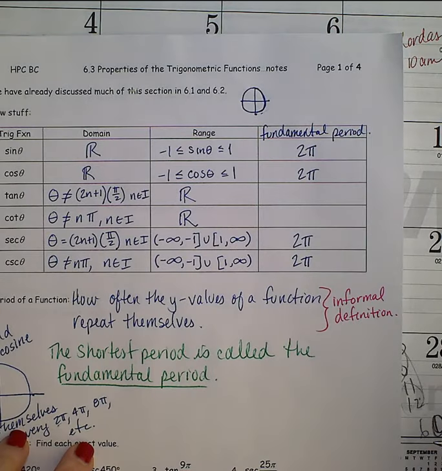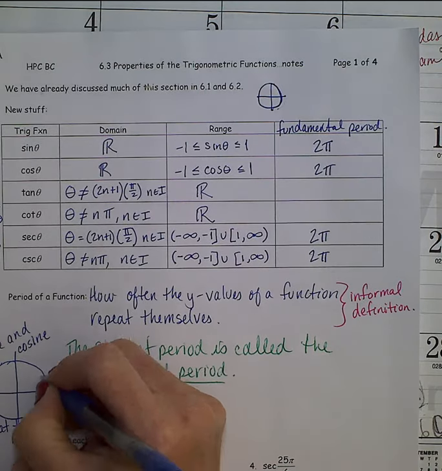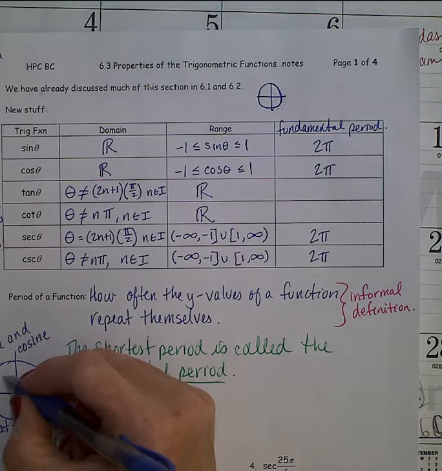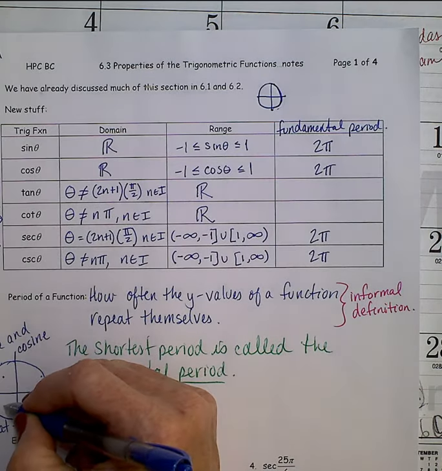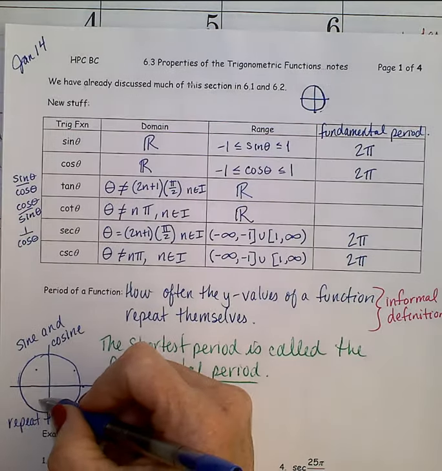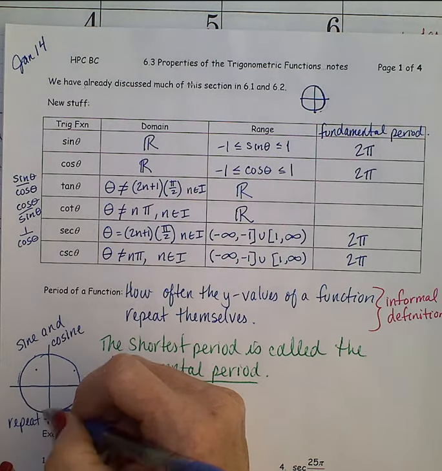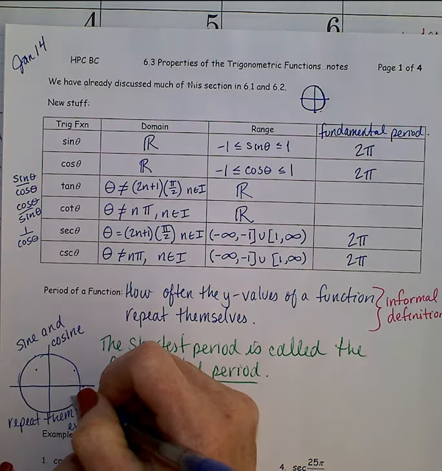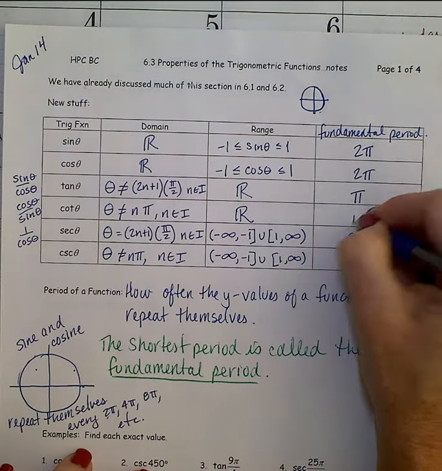Tangent and cotangent, they're different. Tangent is positive here, negative here, and back to positive over here because both the x and the y are negative, and again back to positive. Tangent and cotangent repeat themselves every pi.